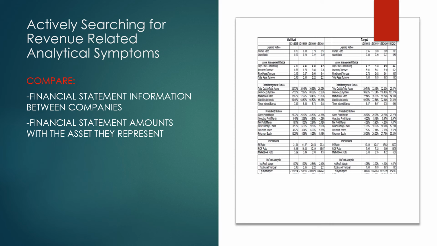Their financial statements showed high profits and a growing insurance company when other insurance companies in the industry were struggling. Another example is WorldCom. They showed strong performance in the telecom industry when they were committing fraud. And also, we need to compare financial statement amounts with the real-world assets that they represent.